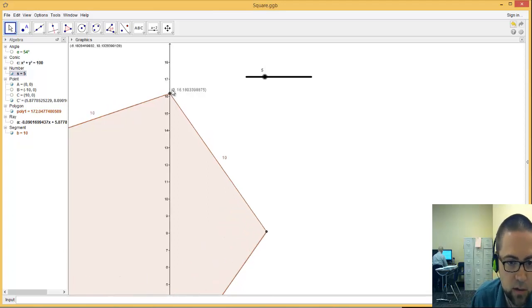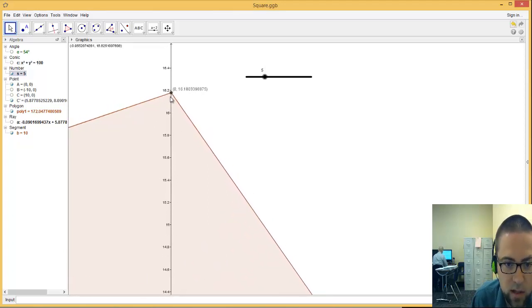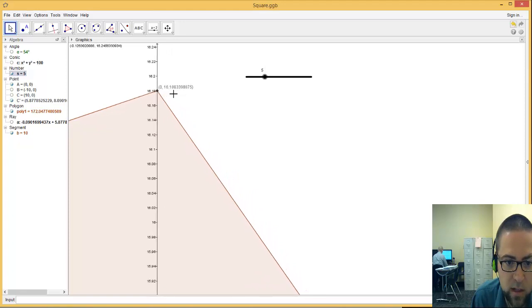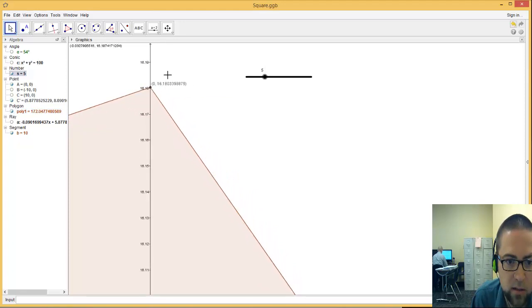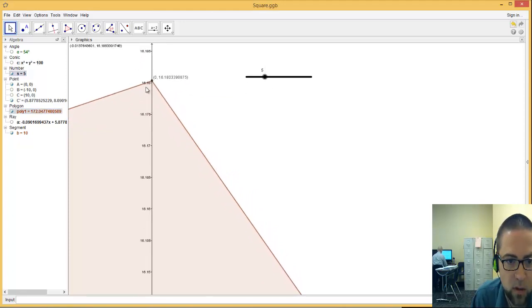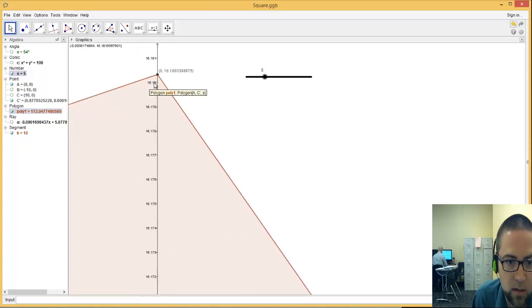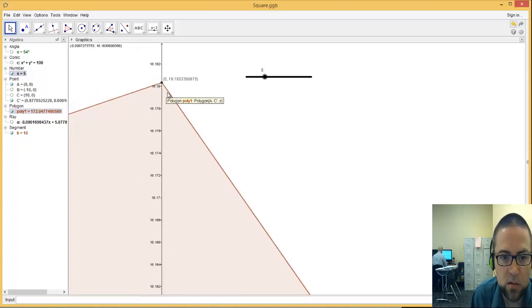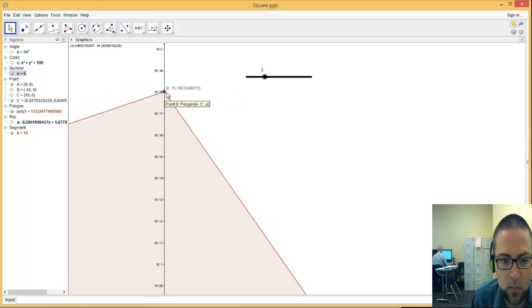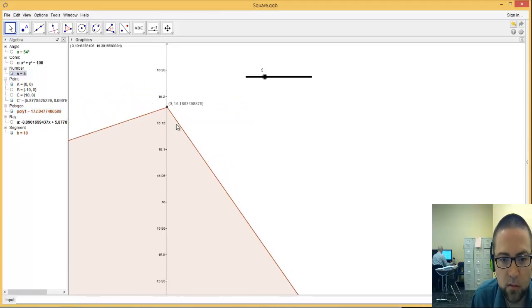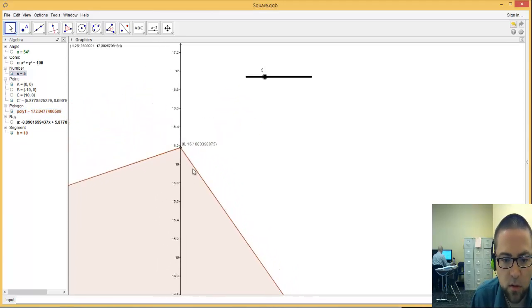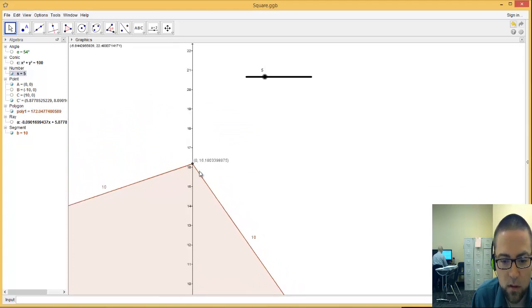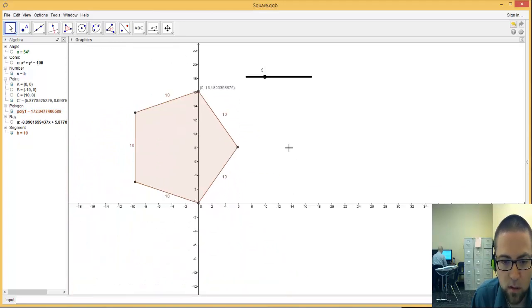So again, you could zoom in and see that it's not exactly 16.2, it's not exactly 16.18. Zooming back out. And now the hexagon's even more complicated to figure out exactly, but we'll just look at it.